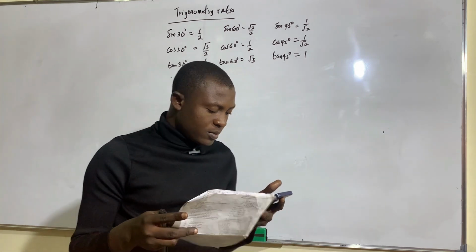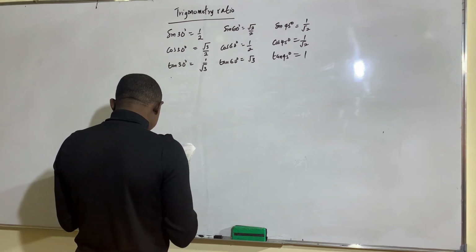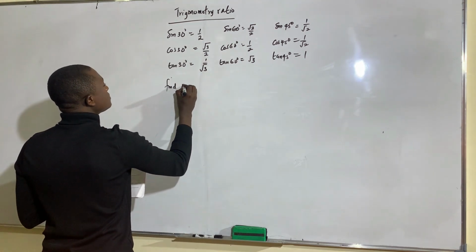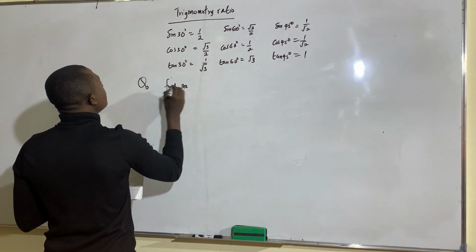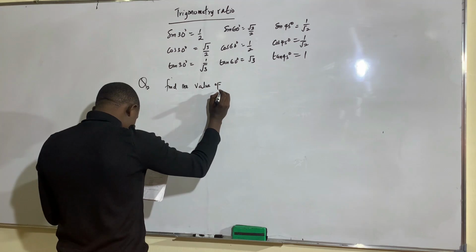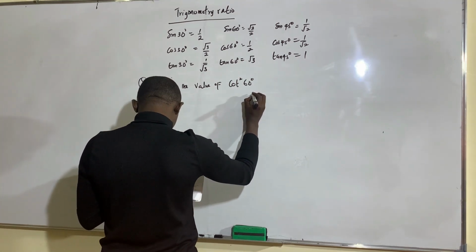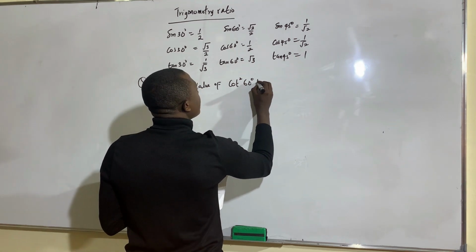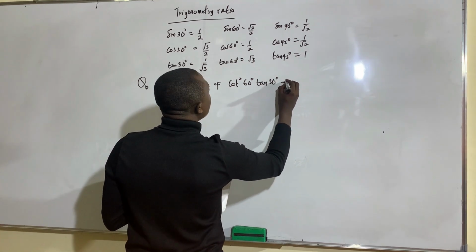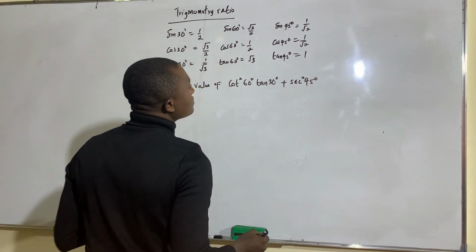Now in this problem, the question says find the value. Question 2, find the value of cot square 60 degree, tan 30 degree, plus sec square 45 degree.